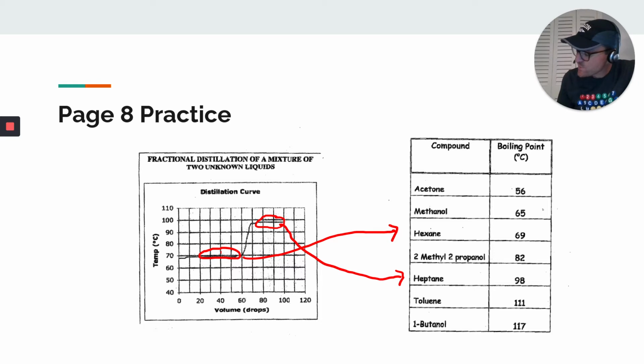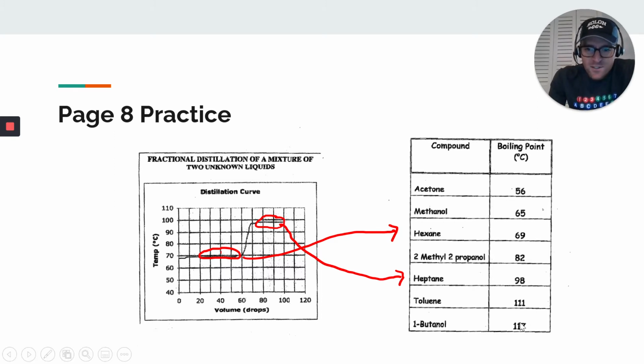And then number 2, which ones are not? Okay, well, if we take a look at it, it's hard to say much about acetone or methanol because our temperature never goes there. We don't know if it just passes right through. But as we keep going up, definitely not 2-methyl-2-propanol because look, there is no boiling point at 82 degrees.